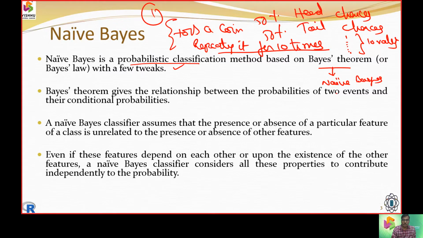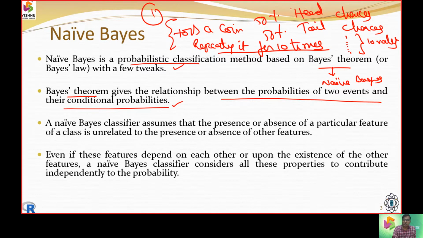And the second principle was the core concept of Bayesian probability. It gives a relationship between the probabilities of two events and their conditional probabilities.